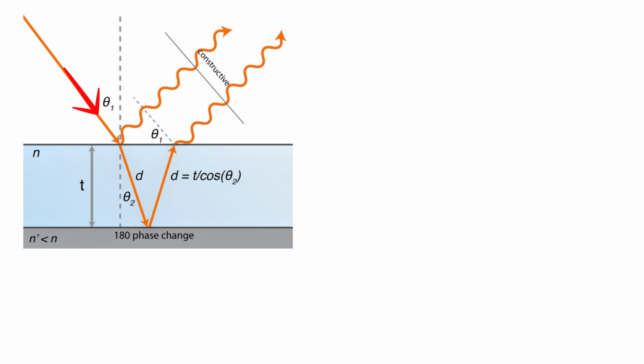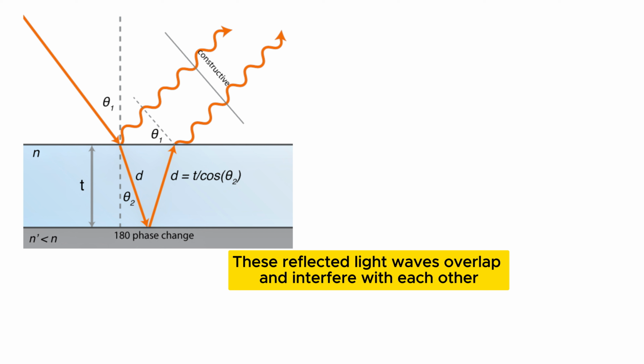When light hits the bubble, some light waves reflect off the outer surface of the film, while others pass through and reflect off the inner surface. These two waves travel different distances. The light wave reflected from the bottom surface travels this much extra path, so there is a path difference between these two waves. These reflected light waves overlap and interfere with each other.